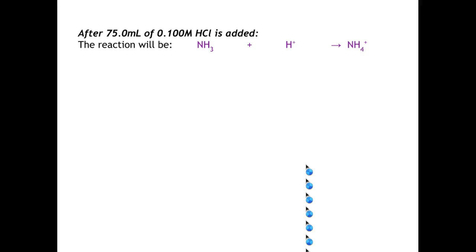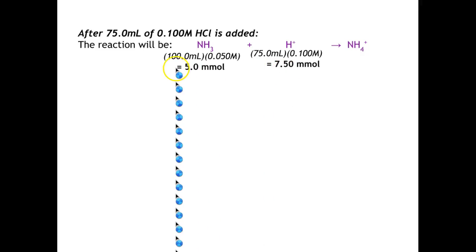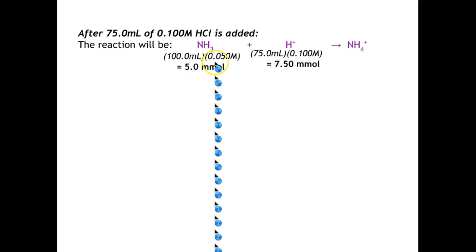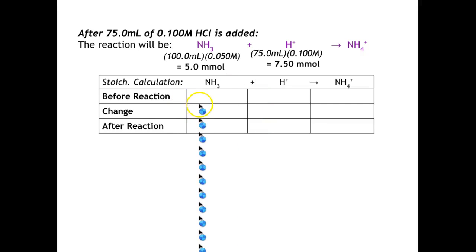So we're doing, after we've added 75 milliliters of 0.1 molar HCl. So again, we need to do our BCA table, meaning we need to know how many millimoles we have initially. We do that by taking volume times molarity. And we're going to put this into our BCA table.